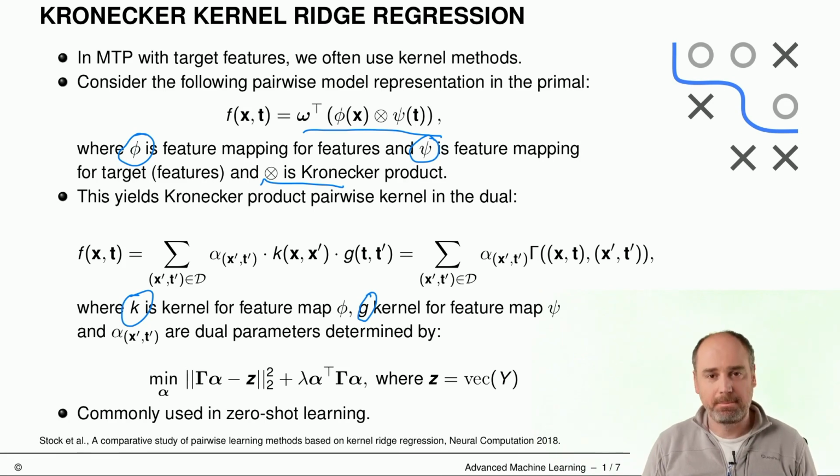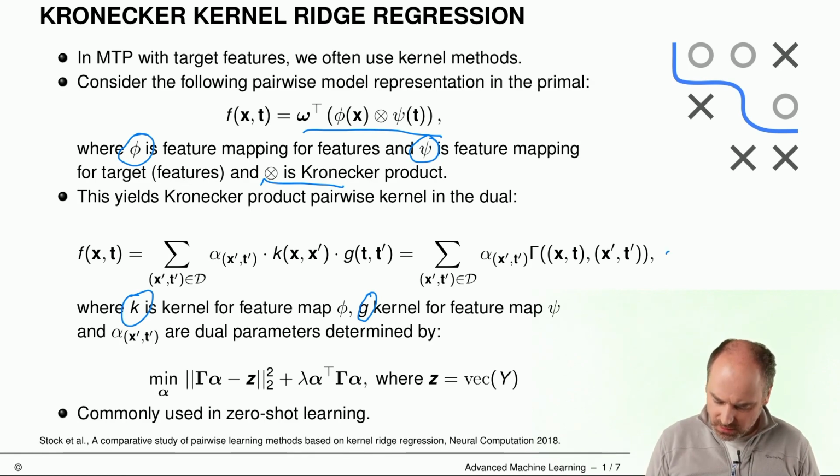With these types of risk minimization problems and models, we can handle them in the primal, we can also kernelize them in the primal, but very often we handle these things in the dual. So if we now look at what happens with this Kronecker product and we kernelize it in the dual, we'll arrive at this resulting formula.